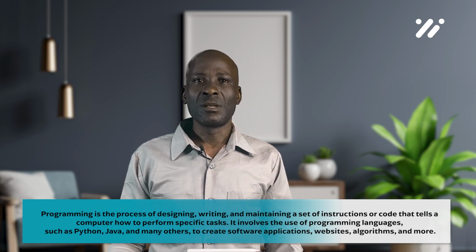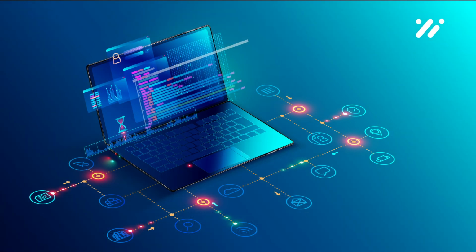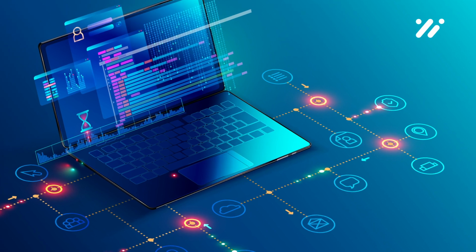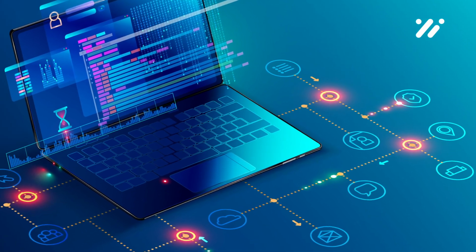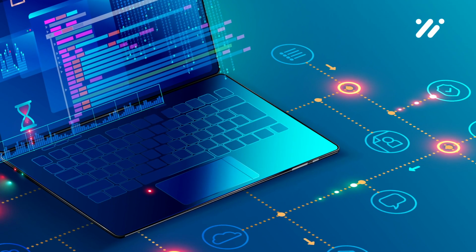Whenever you give your computer an instruction, you have written a kind of command to make the computer work. That is what programming is all about. So we are going to learn Python as the programming language for our data science journey.